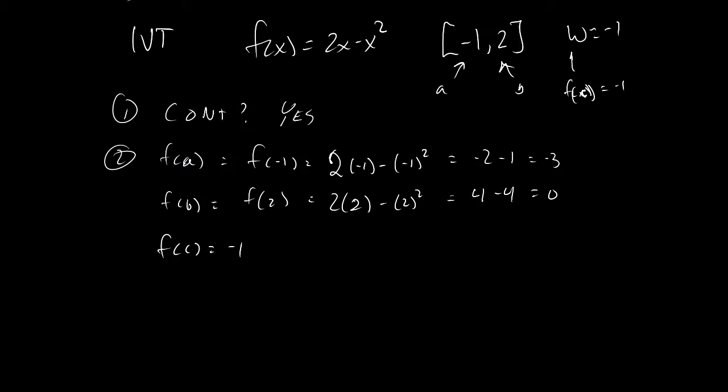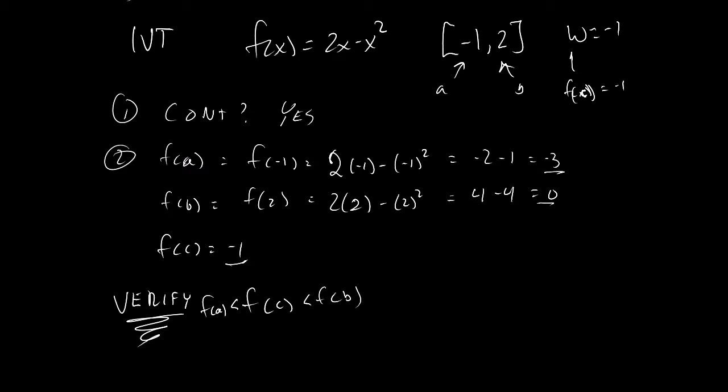So to verify what it asks, this is important, to verify, we need to show that f of c is in between f of a and f of b. Well, f of a is less than, and f of b is greater than. Now it's not equal to at this point because -3 is not equal to -1 or 0.